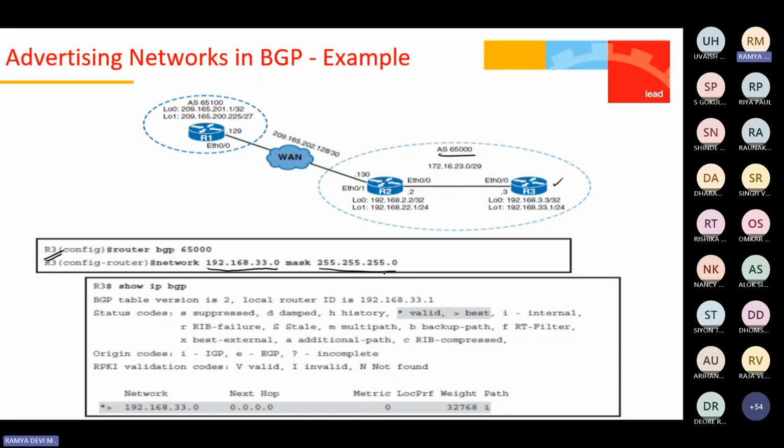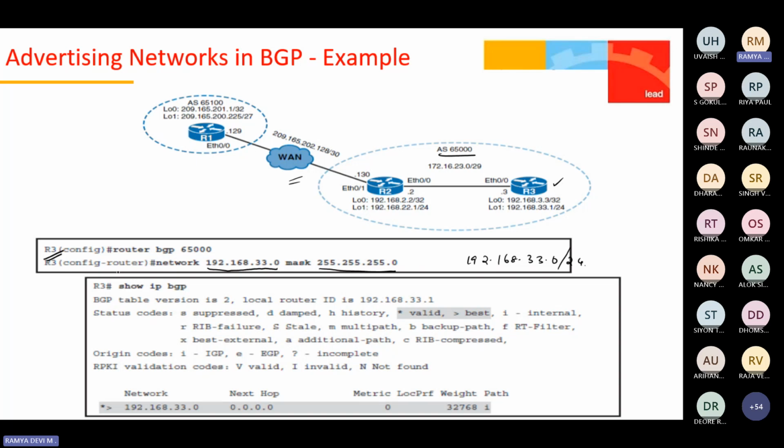It is a class C IP address, so 255.255.255.0, which is 192.168.33.0/24. The loopback and Ethernet interfaces will be configured on R3, right? The BGP peers will be exchanging the routing information with the help of the WAN link.